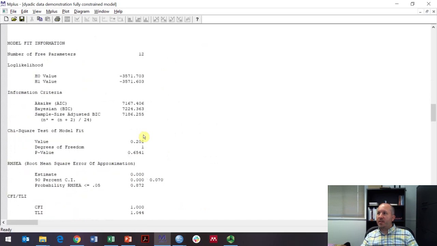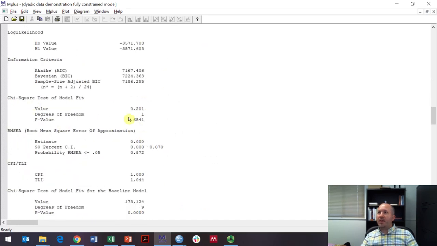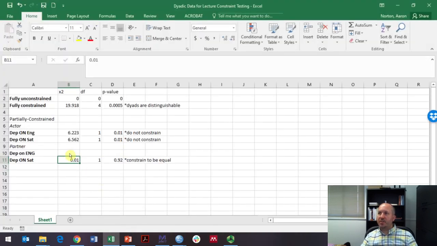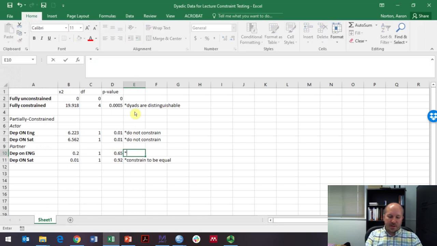Go check out my chi-square value, and my chi-square is not significant. So now I'm ready to copy this one in. This was for engagement. It was 0.20 for my chi-square, 1 degree of freedom, and 0.65 for my p-value, and I constrain to be equal.